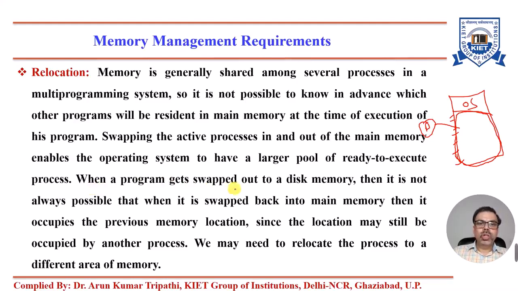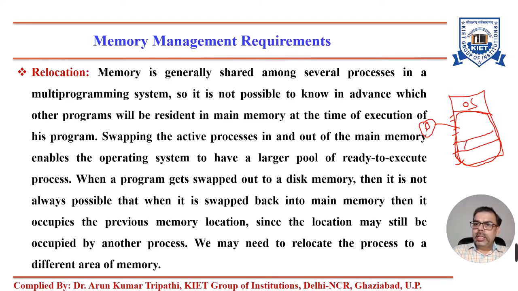When a program gets swapped out to the disk, it is not always possible that when it is swapped back into the main memory, it will occupy the same previous location. Suppose that at present I want to watch a movie, so I bring the movie file from secondary memory to the primary memory.